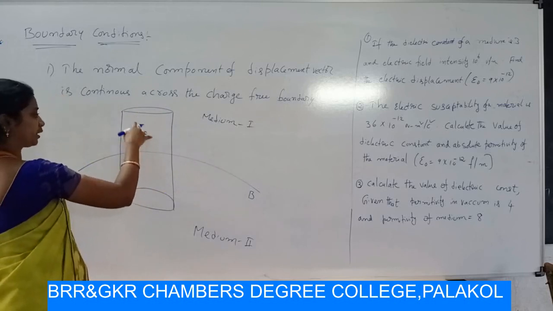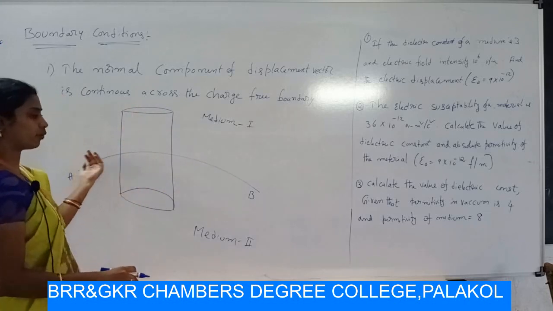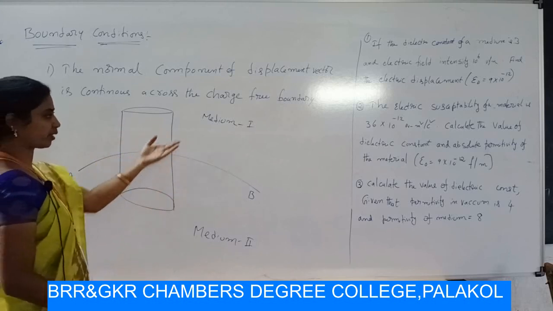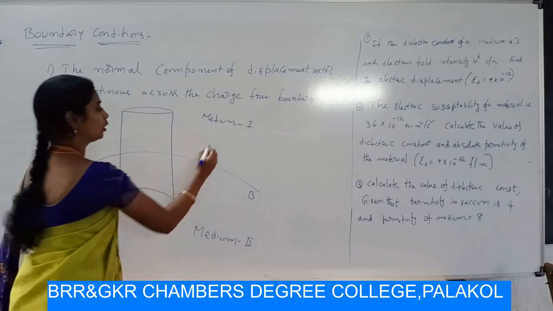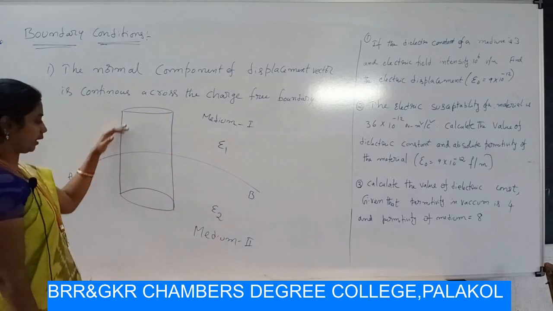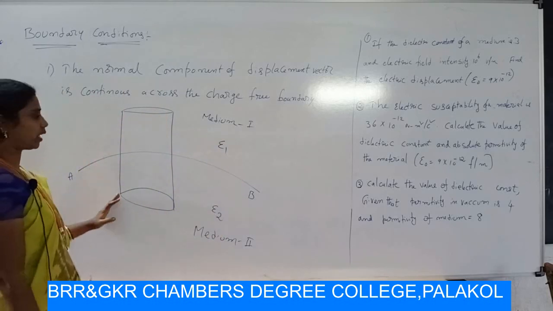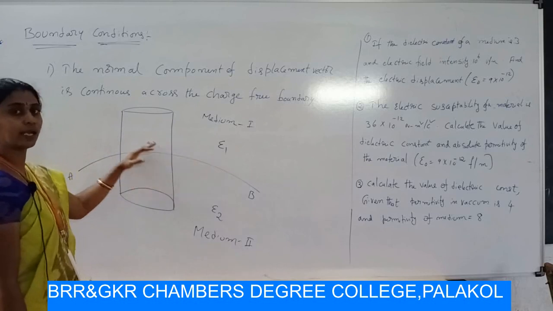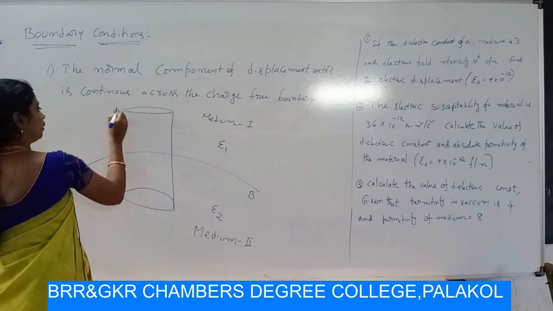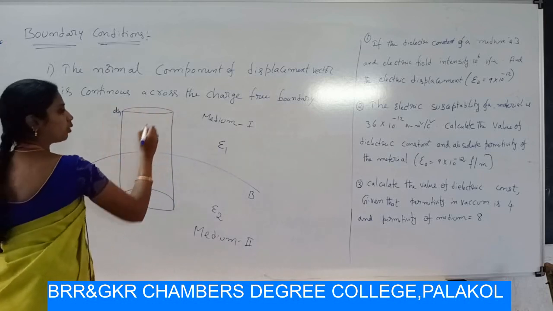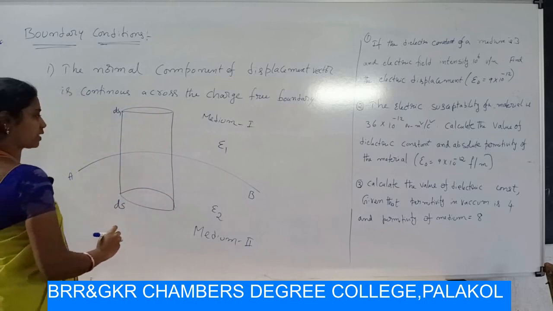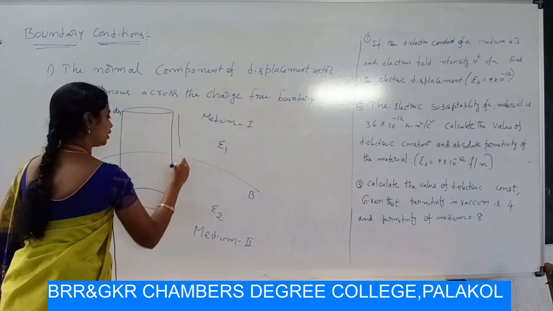The boundary line divides the entire dielectric medium into medium 1 and medium 2 with permittivities epsilon 1 and epsilon 2, and now we consider a pillbox shaped area which intersects the boundary with its end faces parallel to it. Here the ends of the pillbox are circular, the area is considered as dS and the height of the pillbox is treated as h.